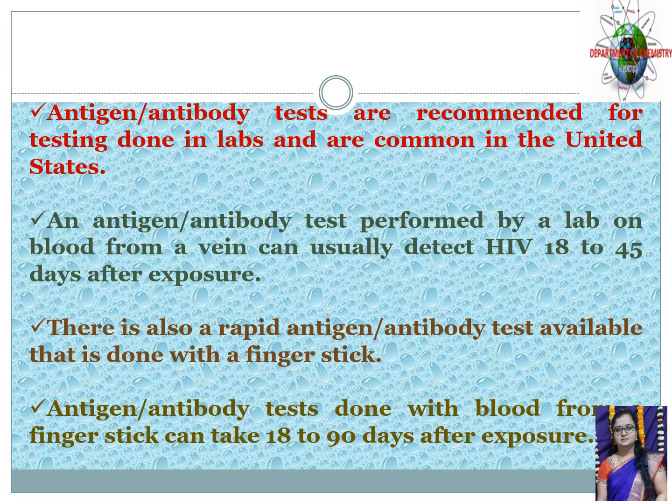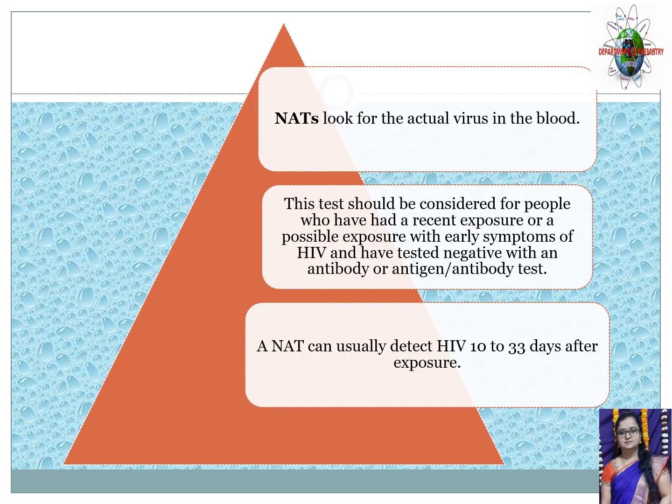And next, coming to the NAT, nucleic acid test. These look for the actual virus in the blood. This test should be considered for people who have had a recent exposure or possible exposure with the early symptoms of HIV and have tested negative with an antigen antibody test.